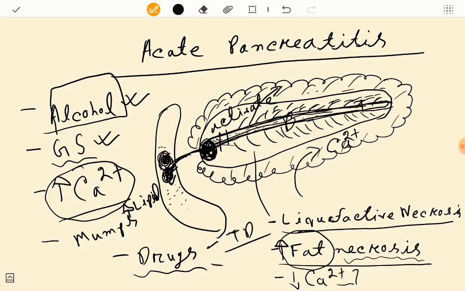Azathioprine. What is azathioprine? Azathioprine is a drug used in autoimmune diseases like rheumatoid arthritis. We can also give azathioprine when the body rejects a new organ as a foreign body.